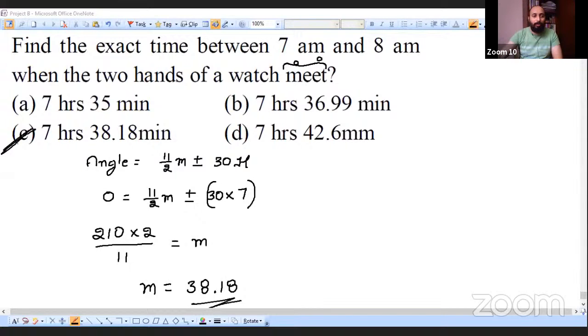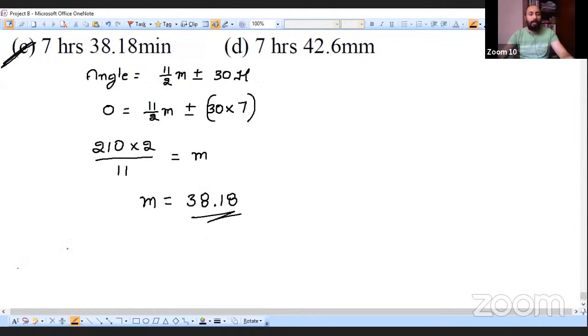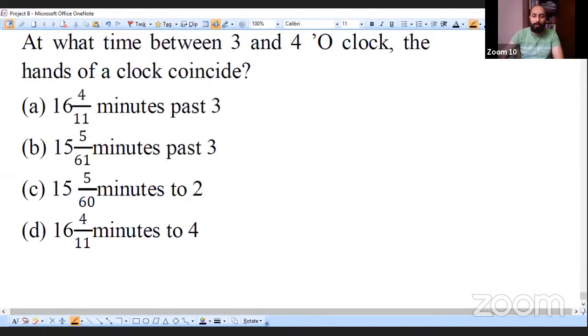Again, I want you to try this. Very similar question. I will not be doing this. I want you to take a screenshot and try it later.